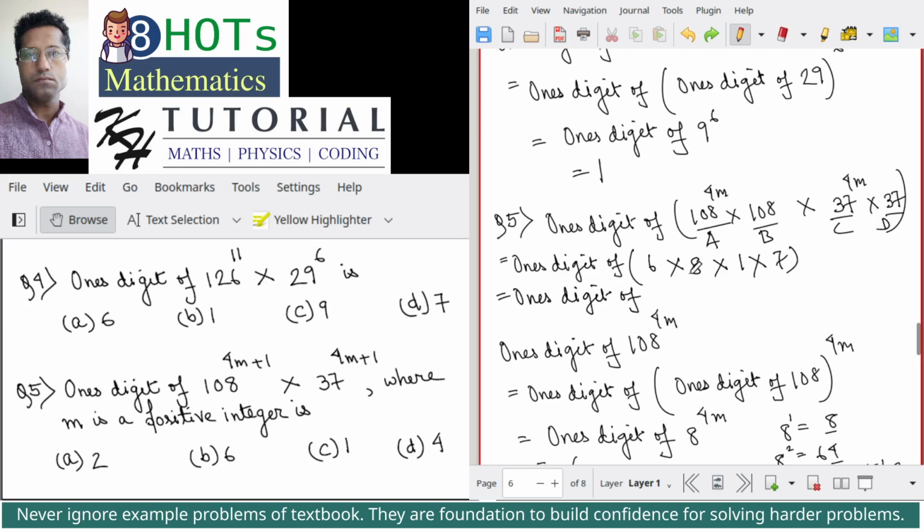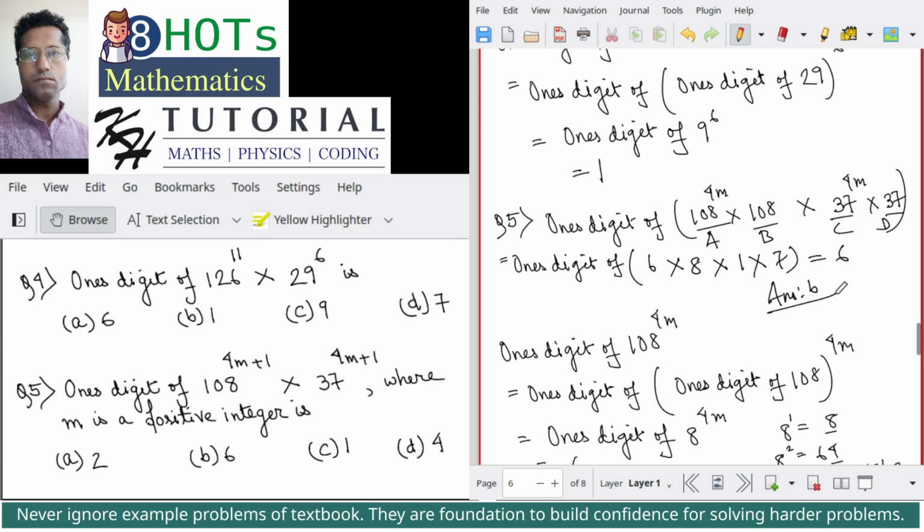Then again 8 multiplied by 7 is 56. So the ones digit is 6. Definitely it is 6. Okay, so the correct choice is B. B is the correct choice.